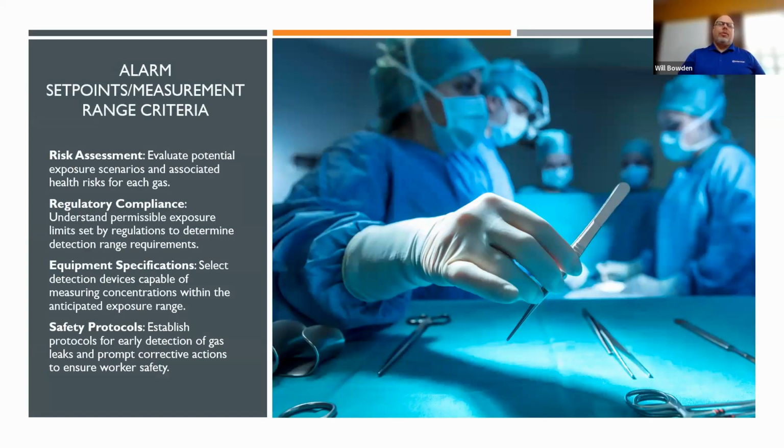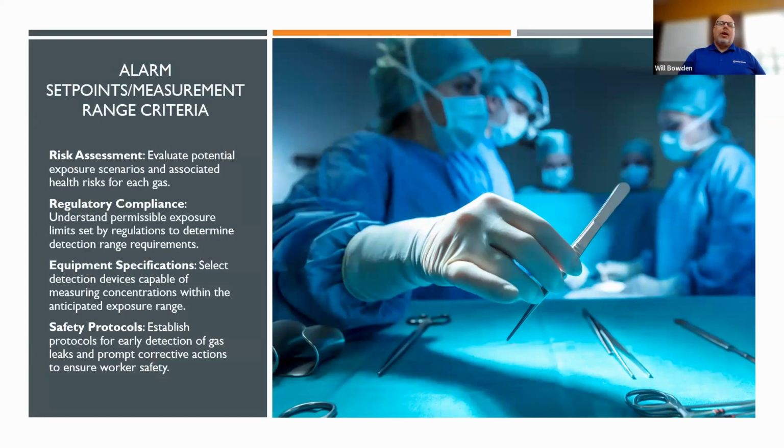So in terms of alarm set points and measurement range criteria, a lot of organizations go by OSHA or NIOSH guidelines in terms of setting their criteria for what they want their alarm set points to be. Others may have an internal environmental health and safety criteria that they use.